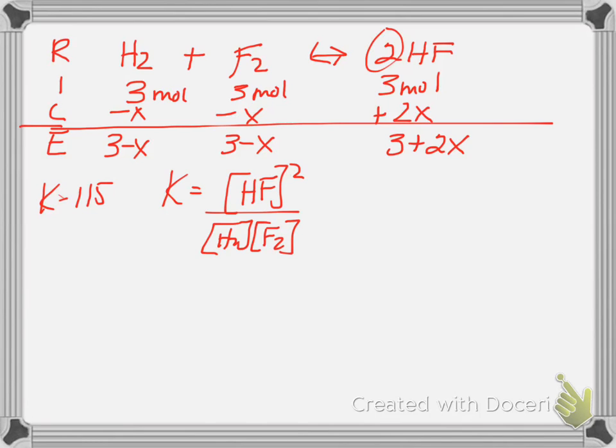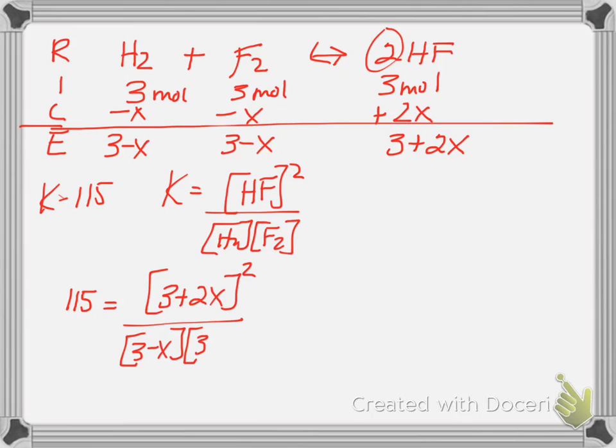So we're going to say 115 is equal to (3 plus 2x) squared over (3 minus x) squared, which is essentially what on the bottom? Squared. So what can I do to simplify my math?